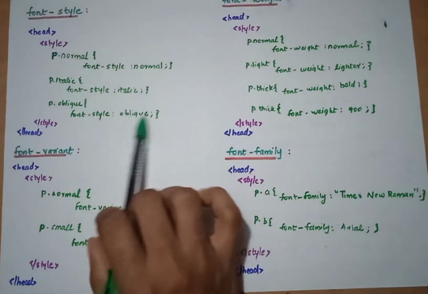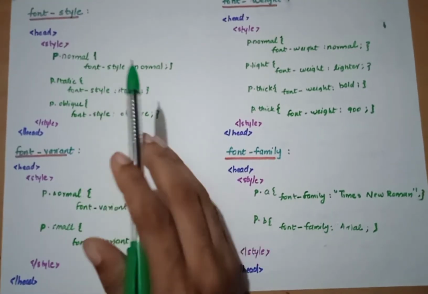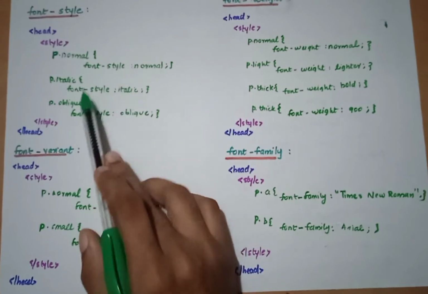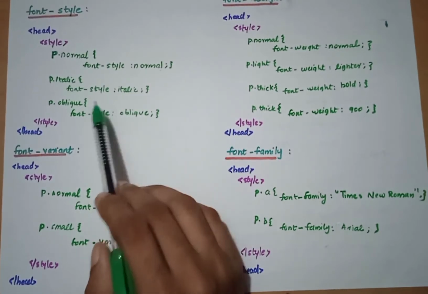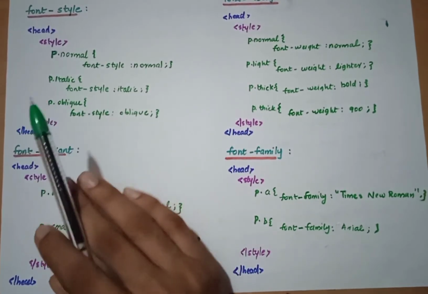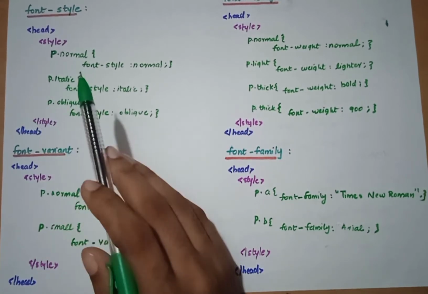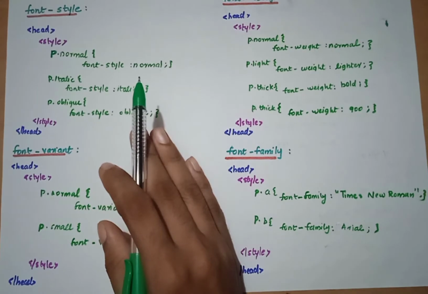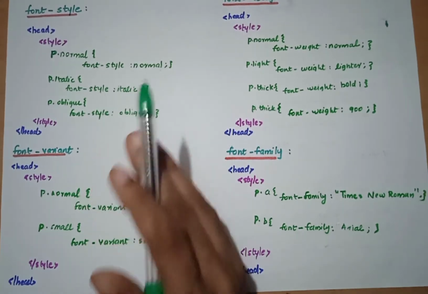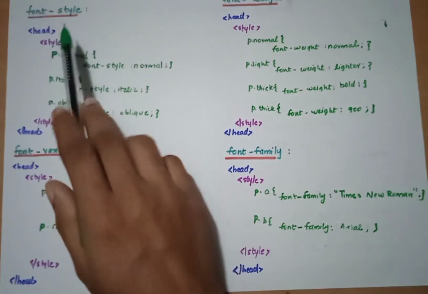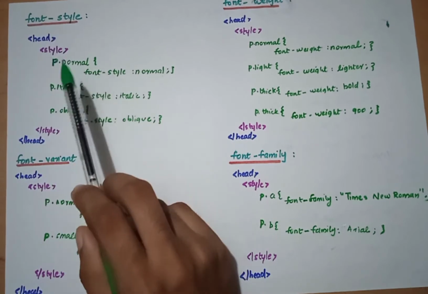These are some possible values that you can give to your font style CSS property. Thus you can simply change different kinds of font styles on your web page. So that will be nicely attractive. So that's all about the font style.